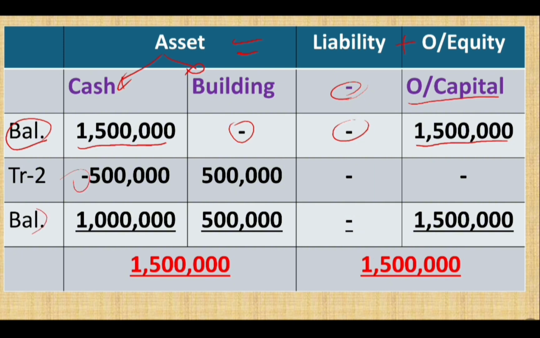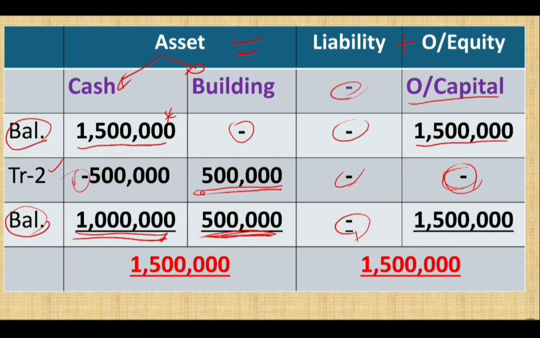During transaction 2, the company purchased a building with 500,000 in cash. So cash is decreased by 500,000. The balance of cash after transaction 2 becomes 1 million. Now in transaction 2, we acquire a building which amounts to 500,000. Therefore, the balance of building after transaction 2 is 500,000.